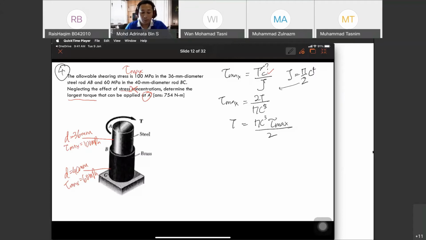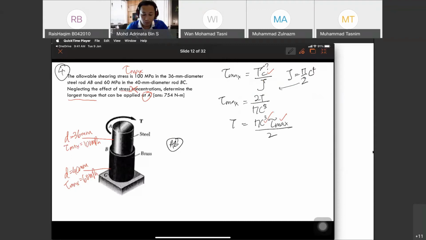Right. So untuk equation ni, pi c ada, tau max ada untuk AB dan juga BC. Okay. So untuk shaft AB, tau maksimum adalah 100 megapascal.